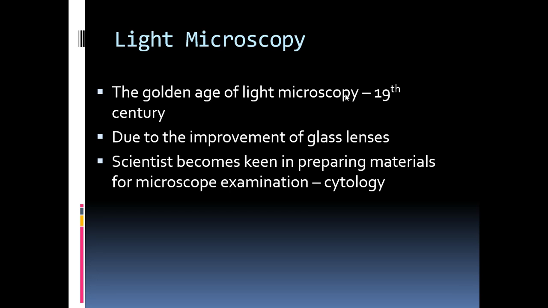Because in 200 years, the quality of the lenses used in microscopes improved. Right? They really improved a lot on the lenses. So this caused the scientists to become keen in preparing materials so that they could observe them under the microscope. And the field where scientists study the cell structure is known as cytology.